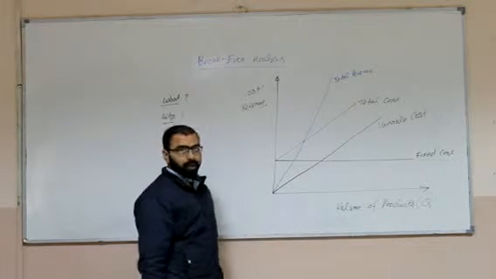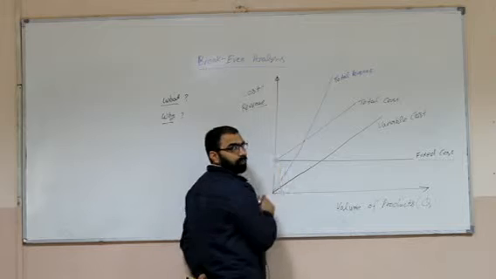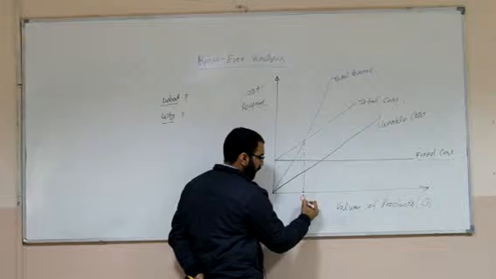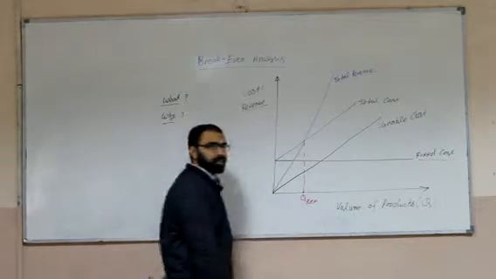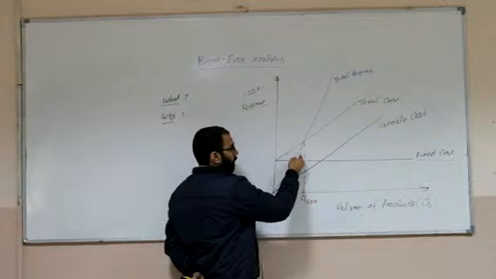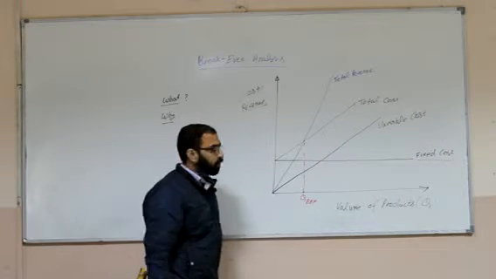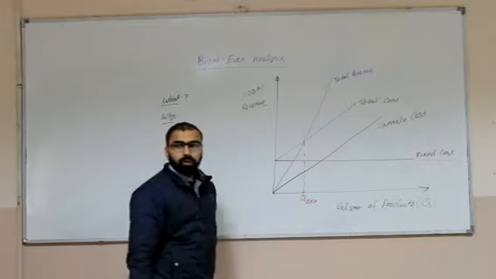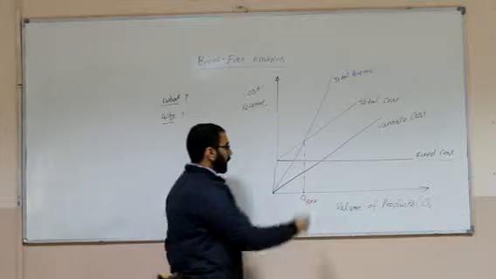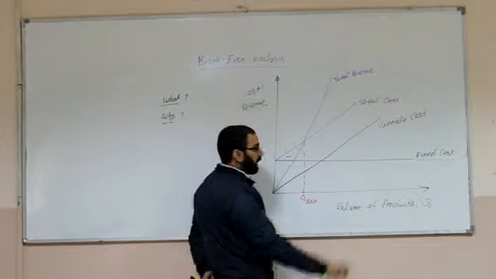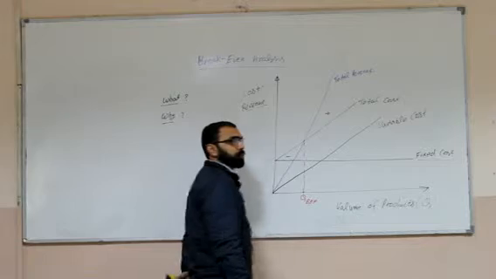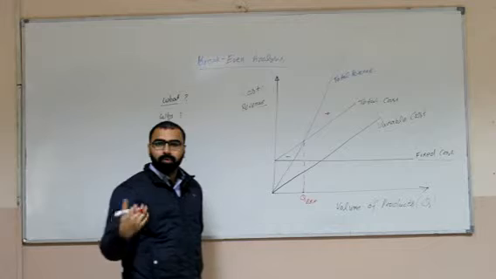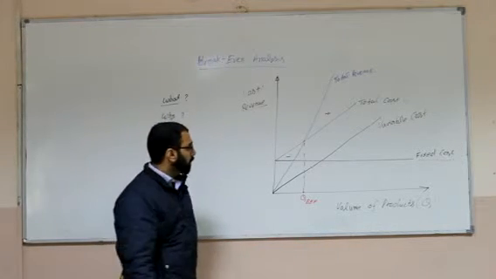Before this point, before this particular quantity of products that I am selling, the revenue line is below the total cost line, and after this point the total revenue line is above total cost. So here the difference is negative, here the difference is positive. Here I am incurring loss, here I am getting profits and profit is being filled in my accounts.